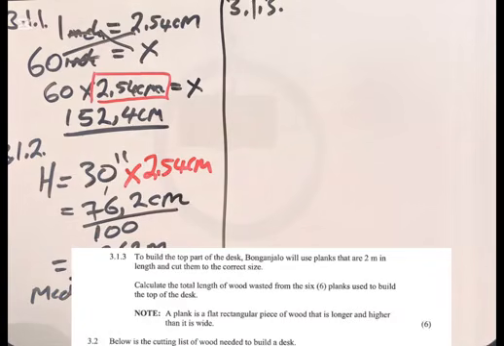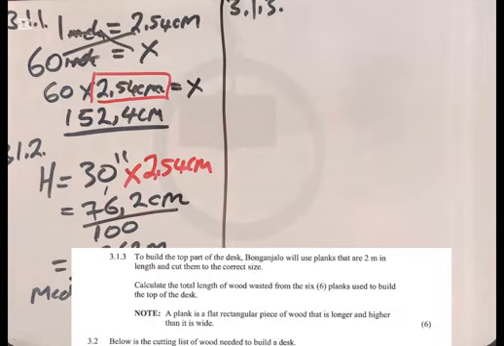Calculate the total length of the wood wasted from the 6 planks used to build the top of the desk. This one is very simple. We're just going to calculate the difference between the 2 meters and the length that we have here.